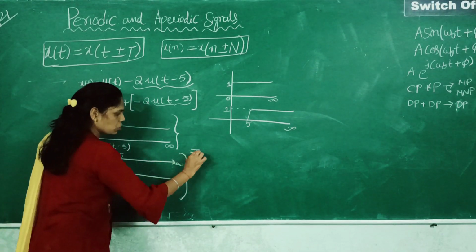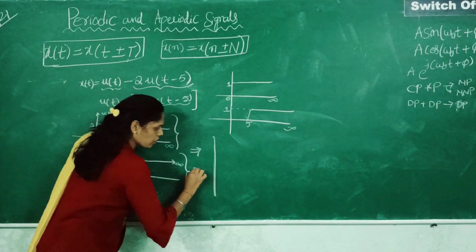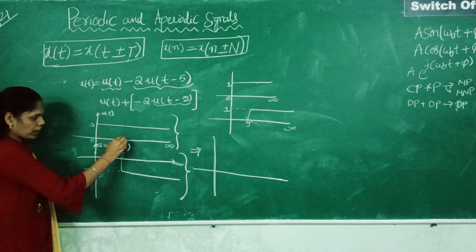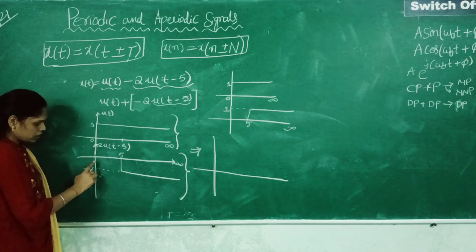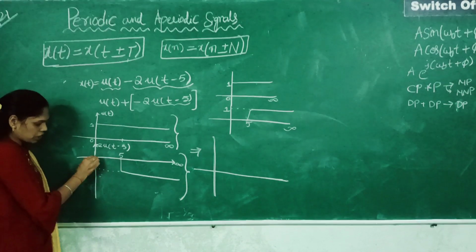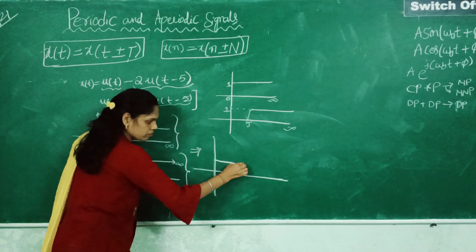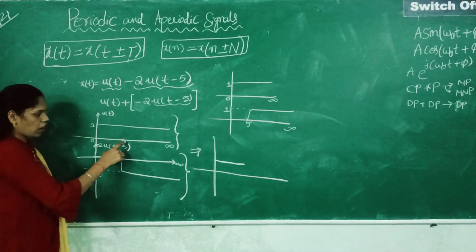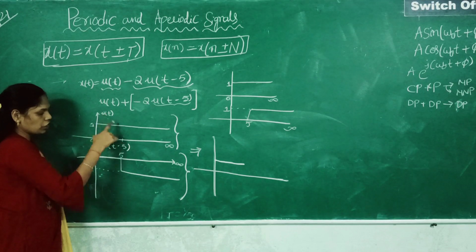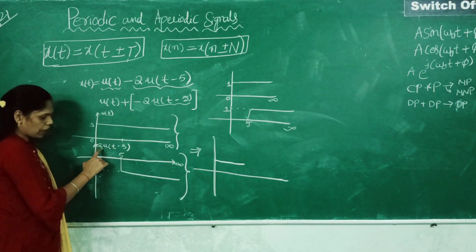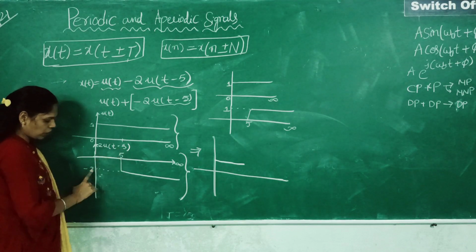Let us add these two figures. From 0 to 5, what is the amplitude of the first? 1. And of the second, 0. So 1 plus 0. After 5, the amplitude of the unit step signal is 1, and the amplitude of minus 2u of t minus 5 is minus 2.